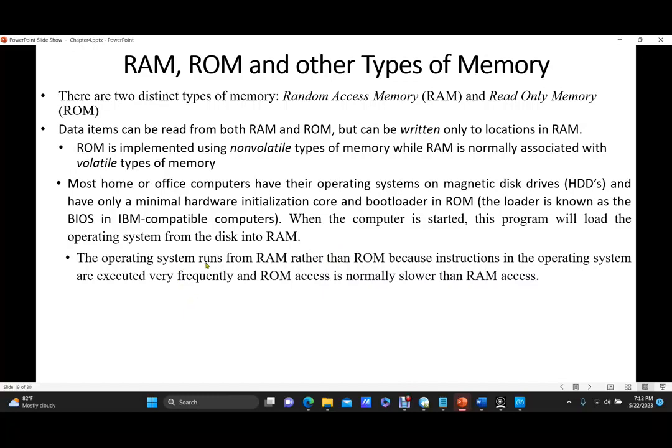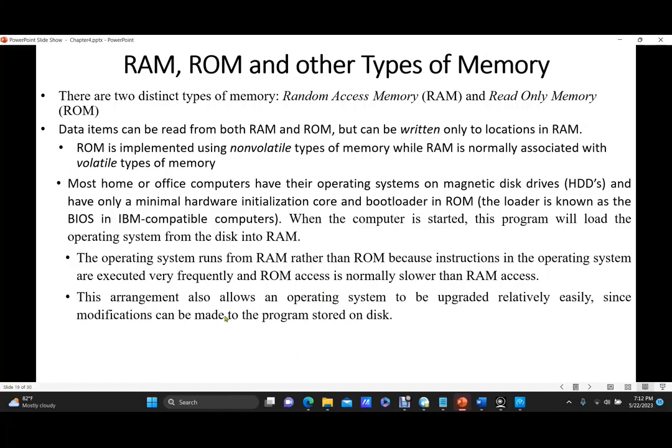The operating system runs from RAM rather than ROM because instructions in the operating system are executed very frequently, and ROM access is slower than RAM access. This allows operating systems to be upgraded relatively easily, since the modifications can be made on the program stored on disk.